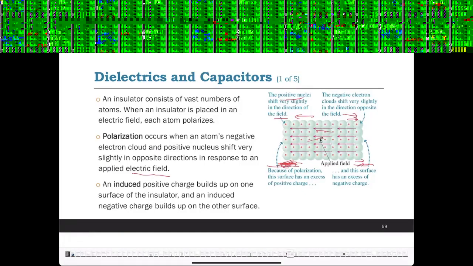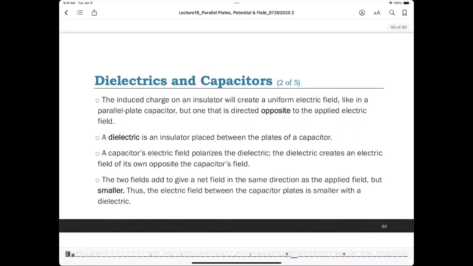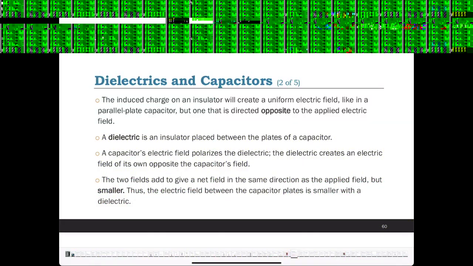The induced charge on an insulator will create a uniform electric field, like in a parallel plate capacitor, but one that is directed opposite to the applied electric field. A dielectric is an insulator placed between the plates of a capacitor.